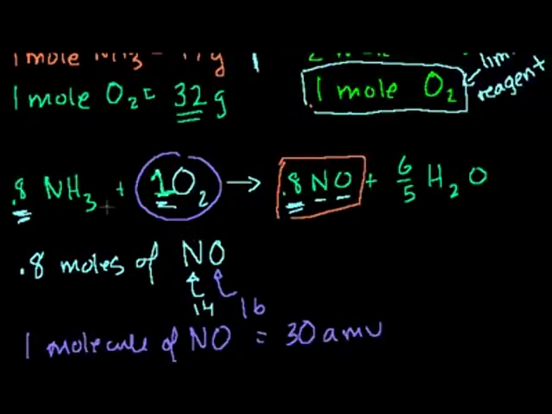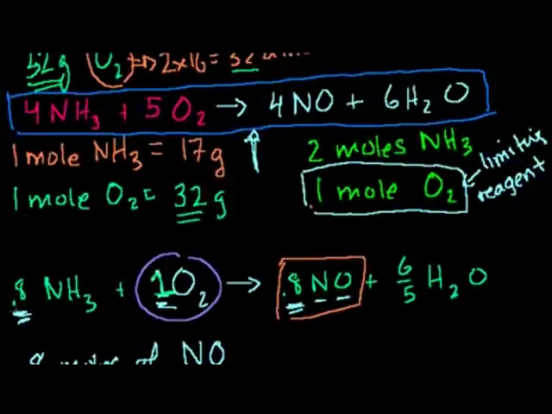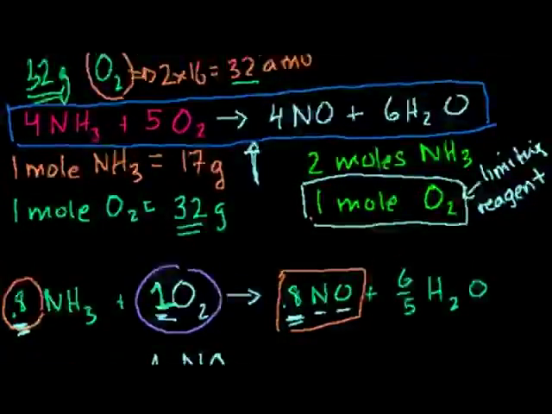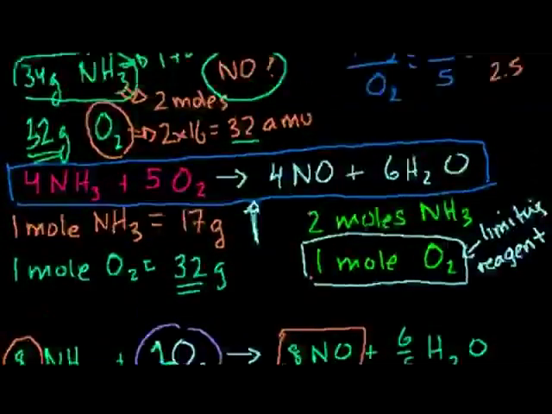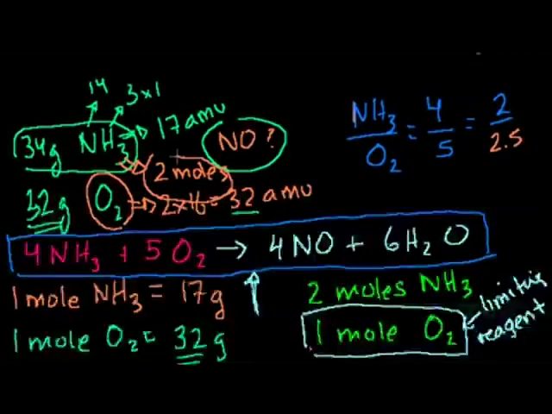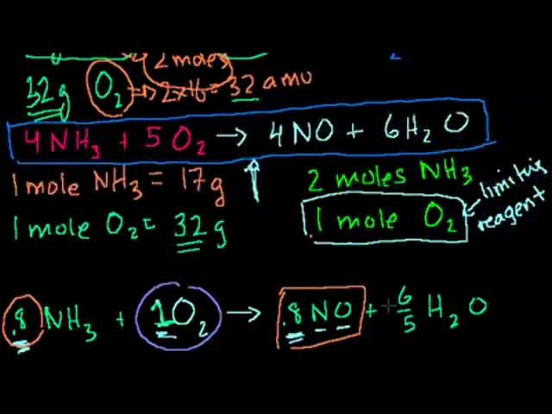And so you might ask, we're only using 0.8 moles of ammonia. In the original problem, we were given 2 moles of ammonia. So what happens with all the leftover ammonia? Well, assuming we mix it really well, we're going to end up with 1.2 moles of ammonia doing nothing at the end.